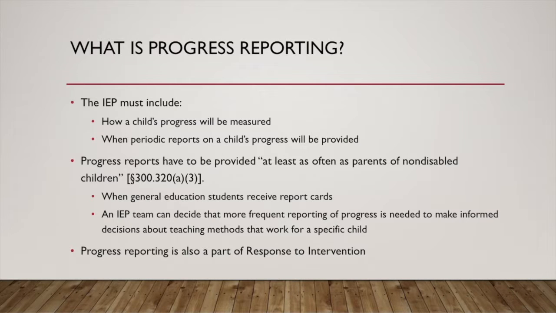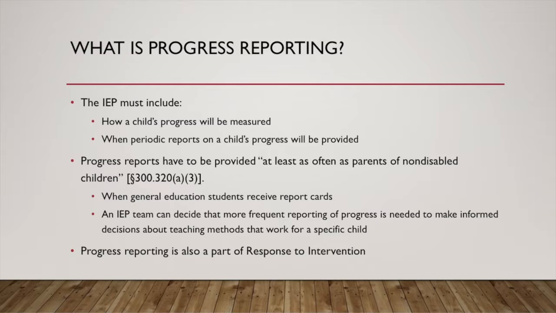So the IEP must include for progress reporting how a child's progress will be measured, and then when periodic reports on a child's progress will be provided. And it is a law that progress reports have to be provided at least as often as parents of non-disabled children receive them. So that means when general education students would receive their report cards.